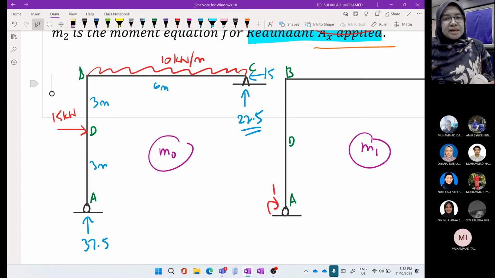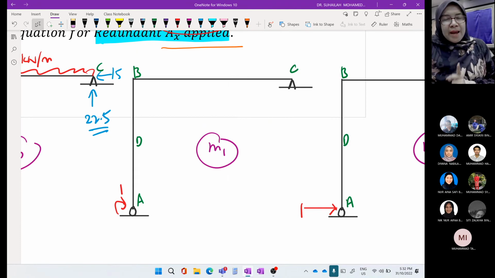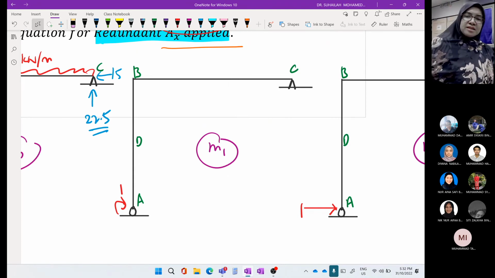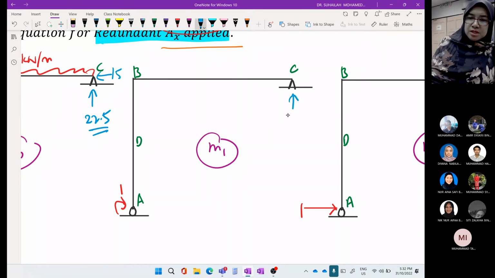Okay. So settle reaction in primary frame. Okay, what is CX, CY and AY? CX 0, CY and AY. What is CX, what is CY? Berapa? 0.167.